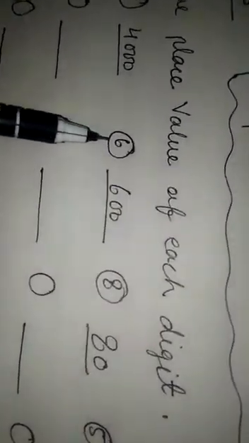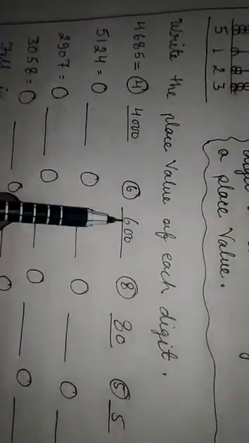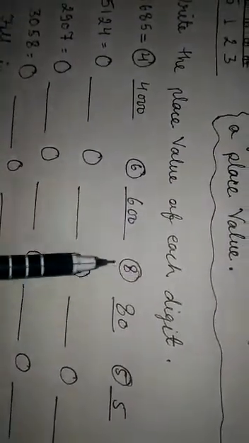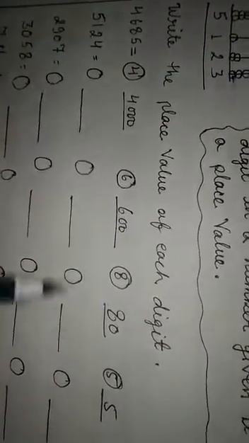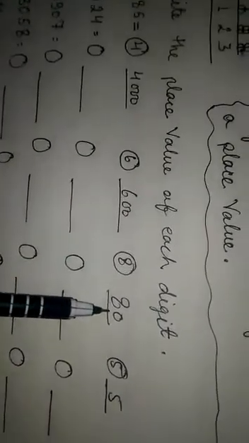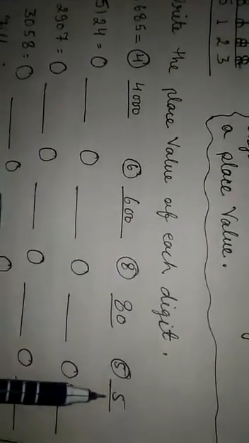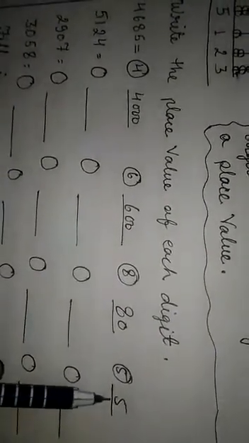What is the place value of 6? Ones, tens, hundreds. So 600. Now the next one is 8. What is the place value of 8? Ones and tens. So we write here 80. 5 is in ones place. So write only 5.